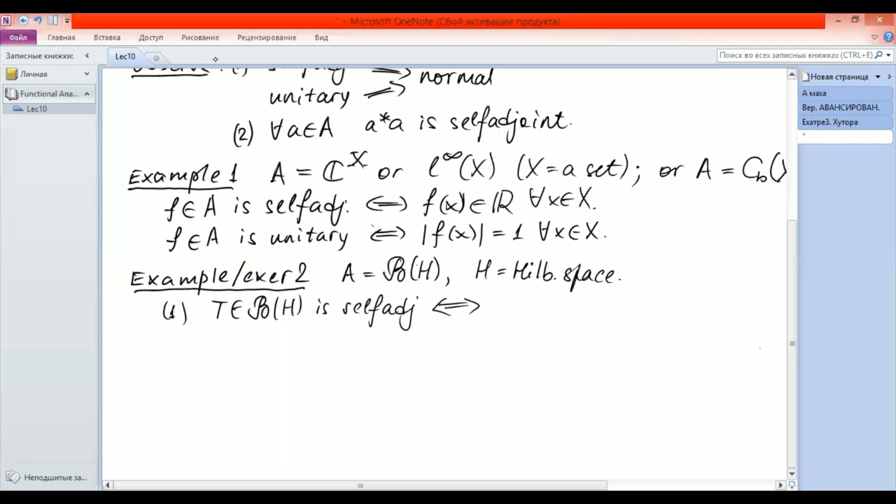Okay, so let's continue. Well, it's a simple exercise to show that an operator T is self-adjoint if and only if the respective quadratic form, given by the following formula, is real.